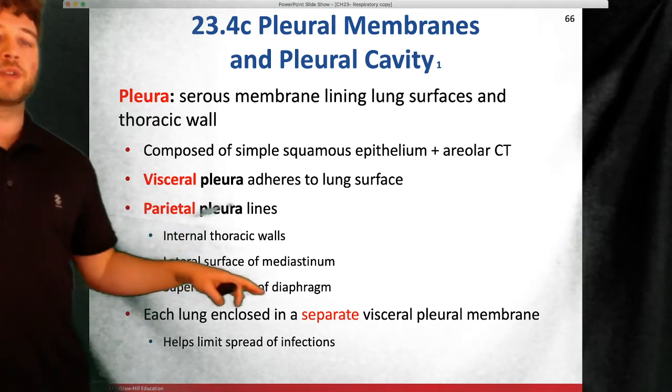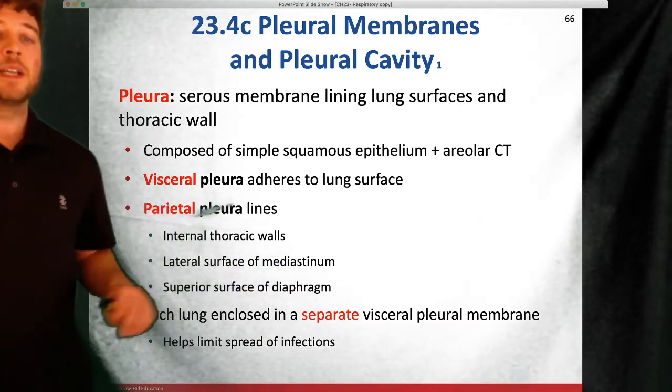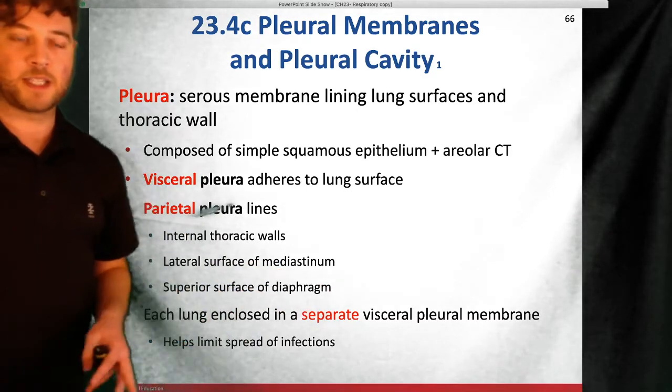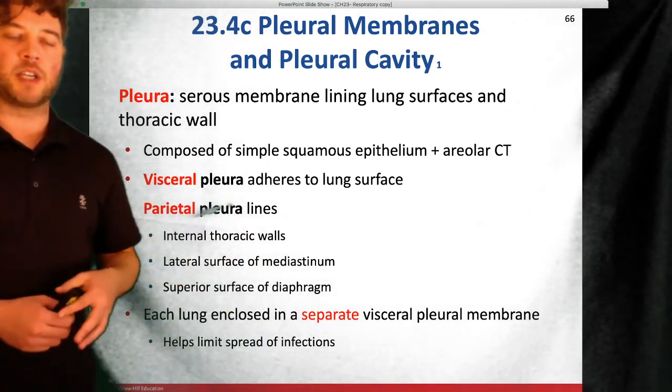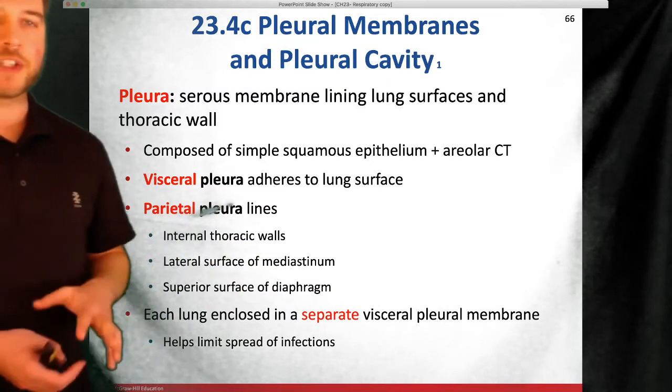Each lung is enclosed in a separate visceral pleural membrane to help limit the spread of infections. It makes sense. As you have things in small cavities, you can limit the spread of bacteria, fluid, and any kind of infectious agents.